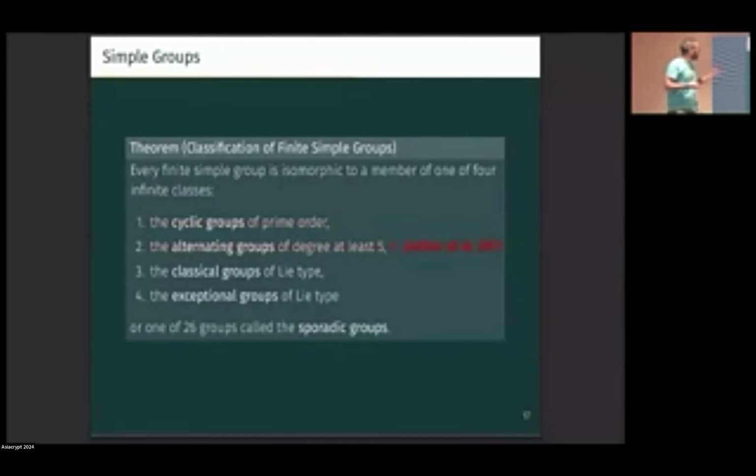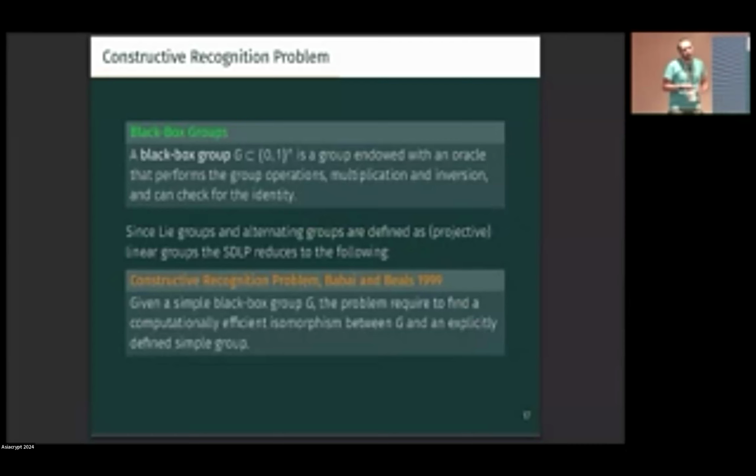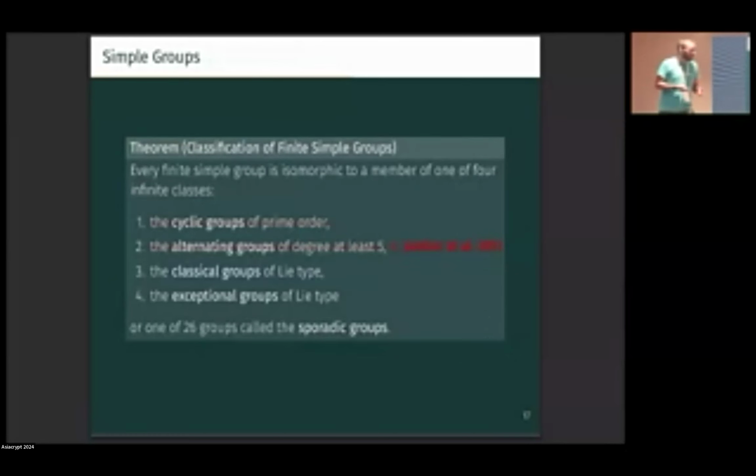And so what we need to do is essentially go down through the results in this part of the literature and see if we can apply them. And the answer is yes for most of them. Essentially for alternating groups, this is pretty straightforward. You can even compute this explicit isomorphism in polynomial time. You don't even need a quantum computer.